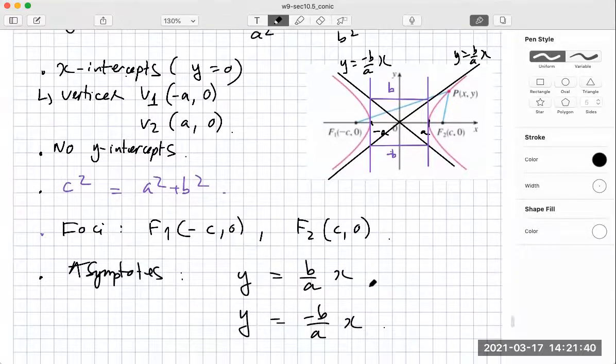That is all we need to know about hyperbolas. So tomorrow we will continue and do examples about this. In advance, take a look at the examples in the notes and try to do them yourself. I'll see you tomorrow.